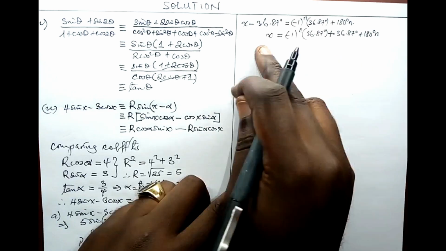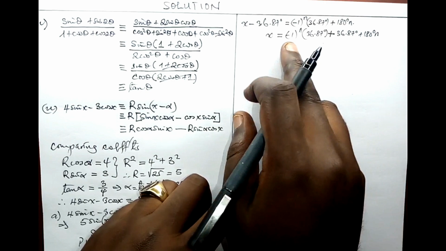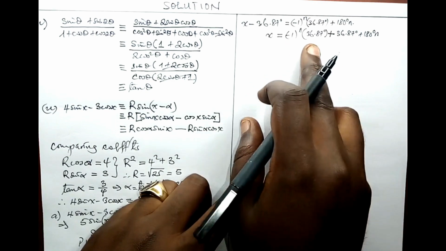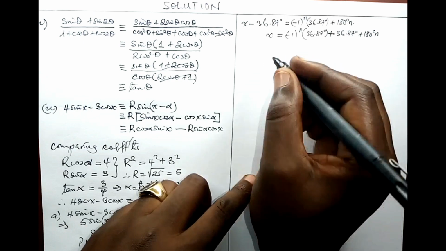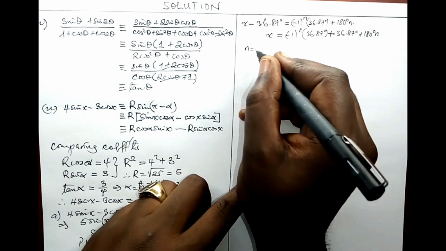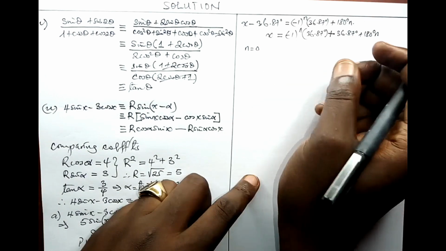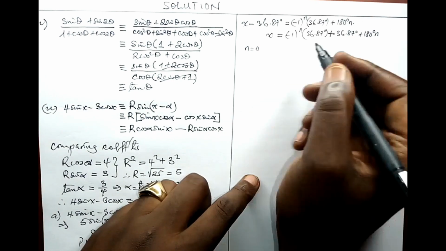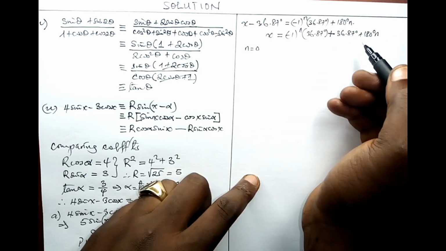We are required to find values of x within 0 to 360. So I will simply be substituting values of n in this expression and then getting the corresponding values of x. n should be any integer. If I take -1, for example, I can't get an answer within the range.